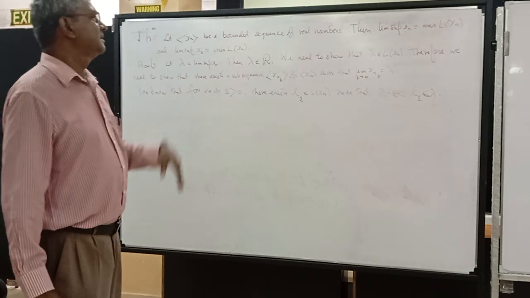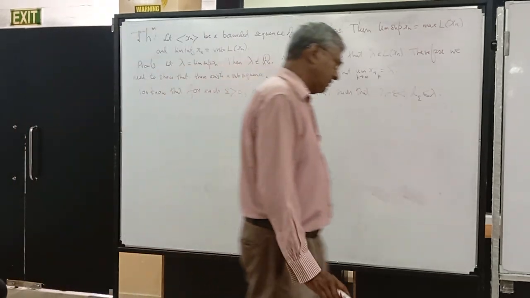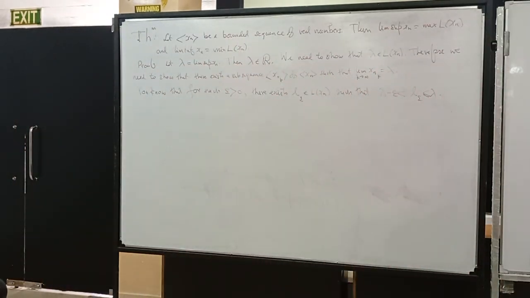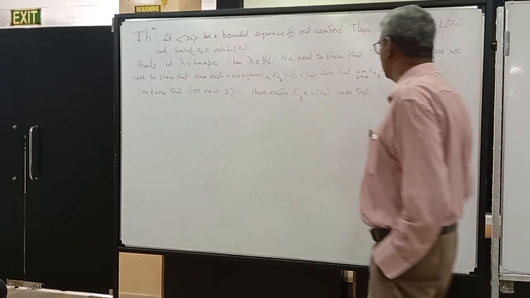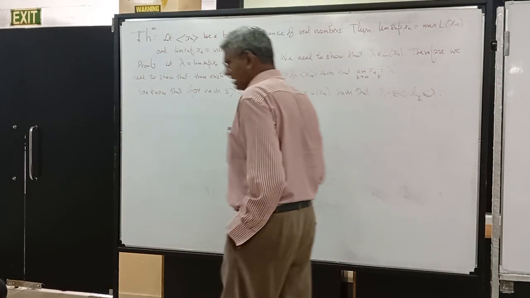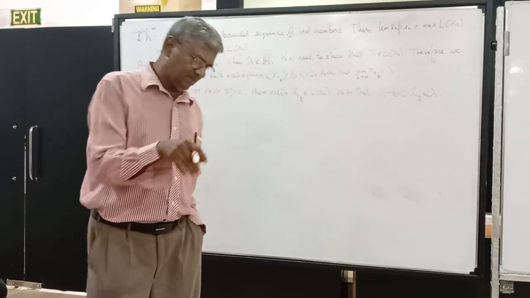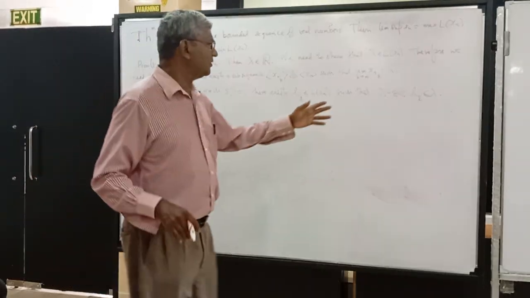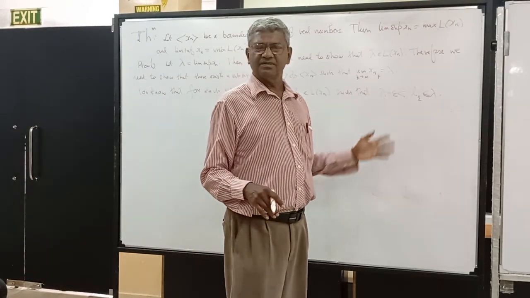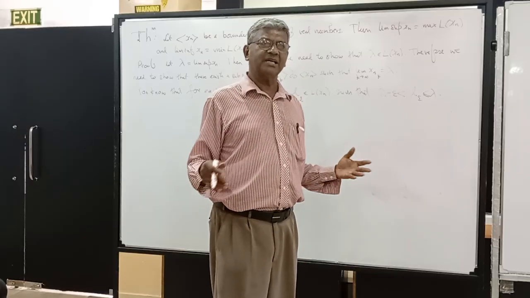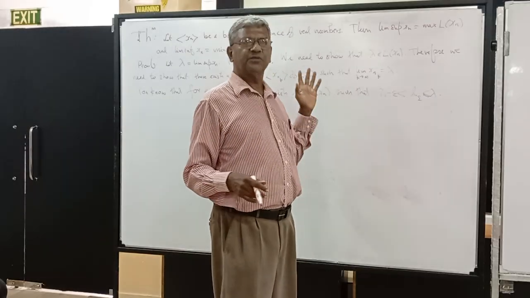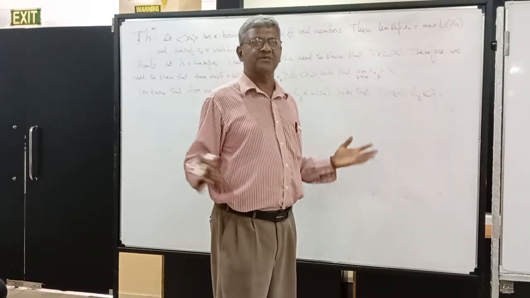So far, lambda is the supremum of the set of subsequential limits of X. In the book, he doesn't go for this language, so I don't know how he can prove this result without using epsilon.